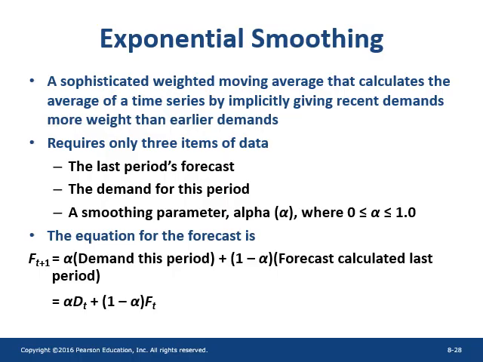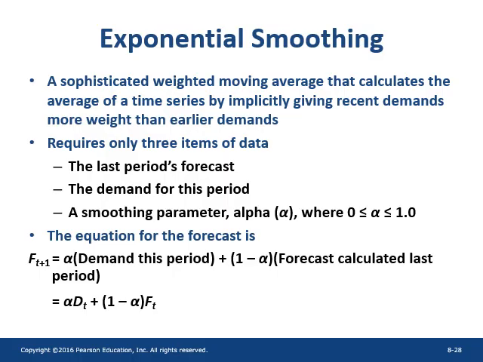The formula in your book says the forecast for the coming period, F of t plus 1, is alpha times demand for this period plus 1 minus alpha times the forecast that we calculated for the last period. So that formula is essentially alpha times D of t plus 1 minus alpha times F of t.